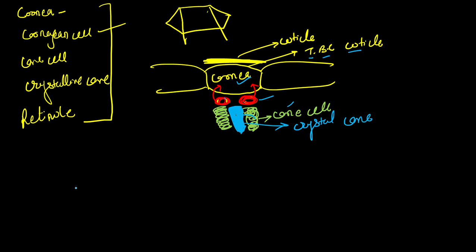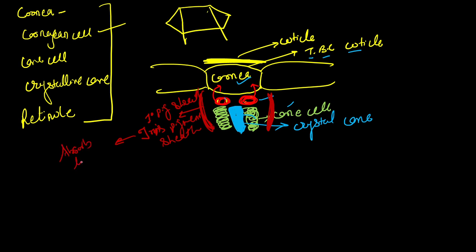Crystalline cone. Surrounding this first part, you have the primary pigment sheath, which we call the iris pigment sheath. Now this pigment sheath is able to absorb light.